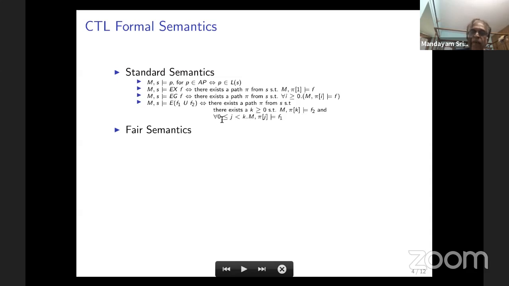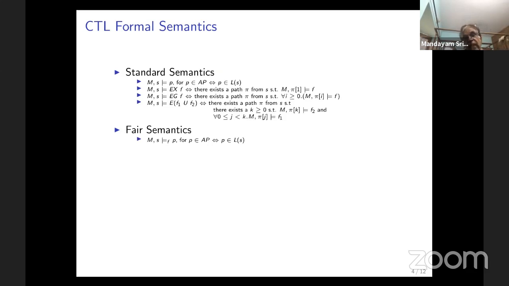And starting from the first state on the path pi up until the point before F2 becomes true, F1 must continuously hold good in all the states. That is, it must hold good in every state from 0 to the point prior to the state in which F2 holds good.